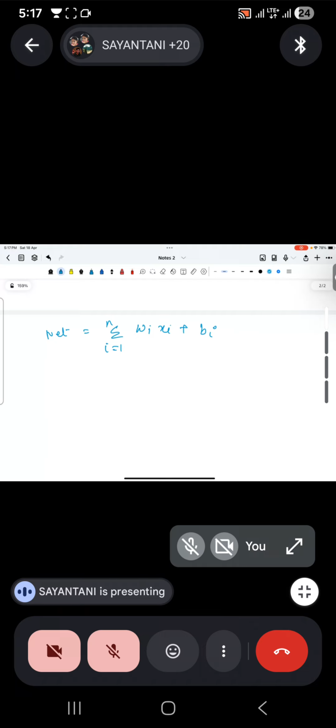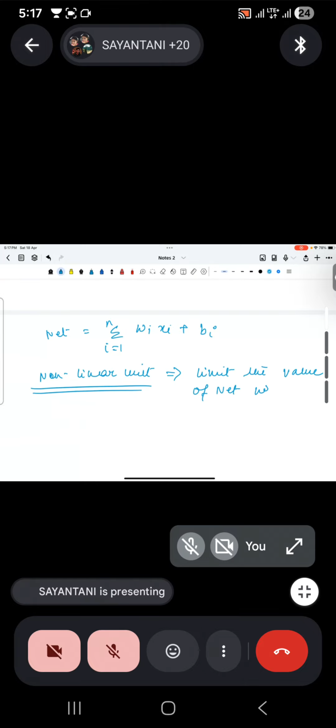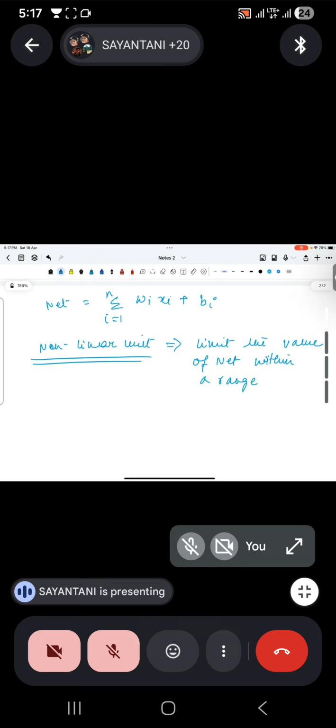From net you're going to get some value, 1, 2, 3, 4, some value, right? The main function of the nonlinear unit is to limit the value of net within a range. The range can be between 0 and 1, between -1 and +1, and so on.